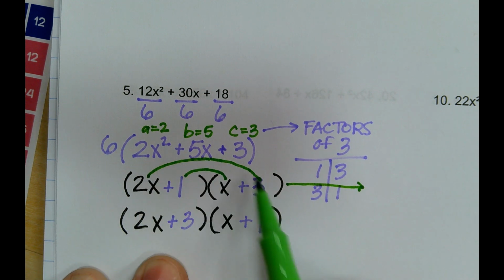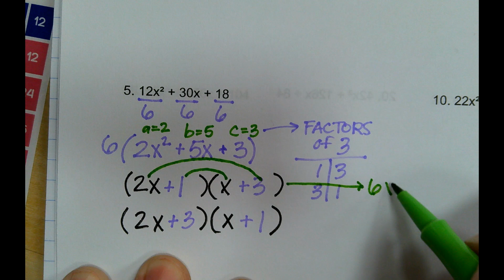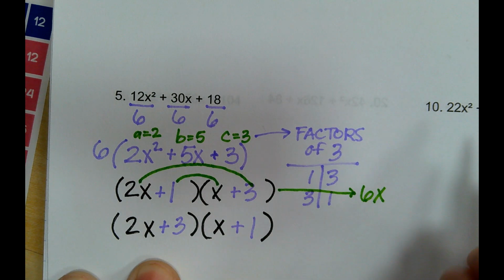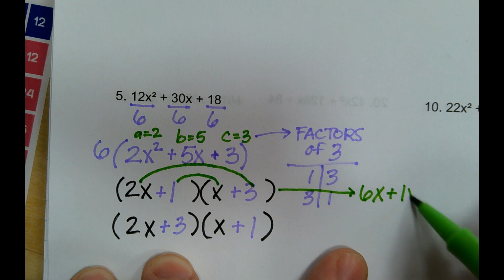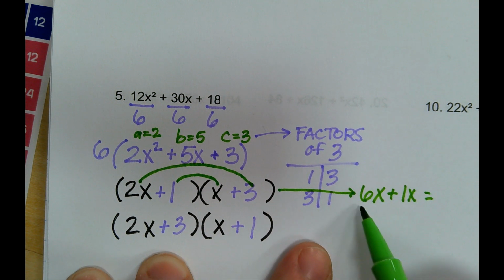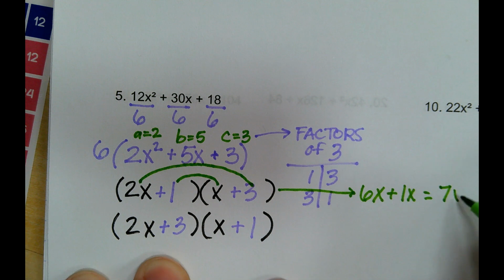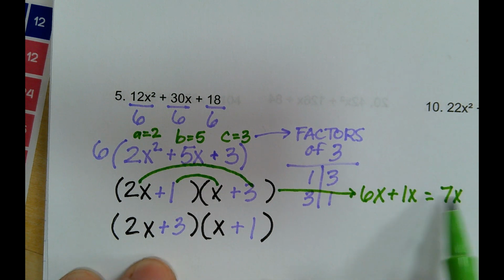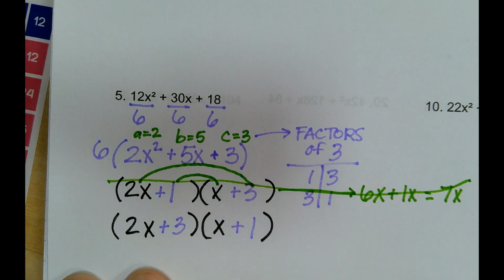What is 2x times 3? 6x. What's 1 times x? 1x, or x. 6x plus 1x is 7x. I need this to be 5x because b is 5x. So that is not going to be my answer. Let's check this one now.